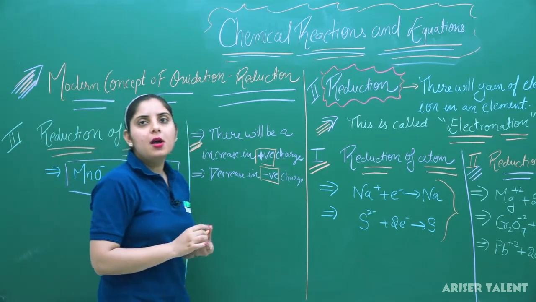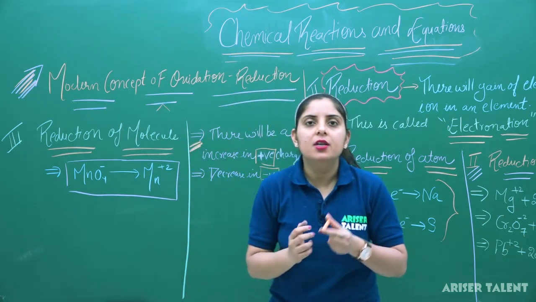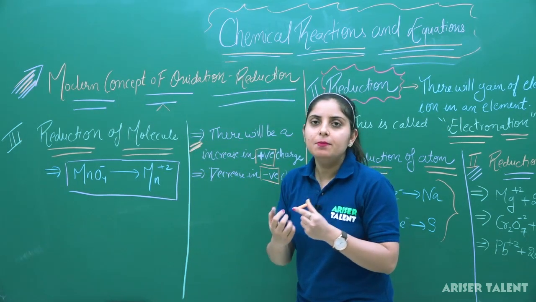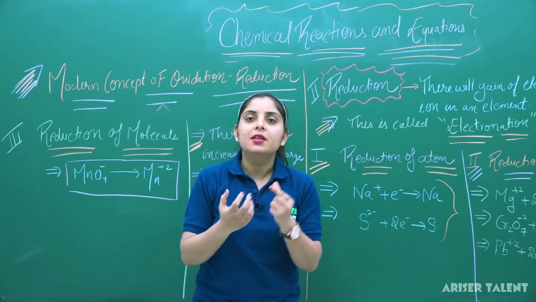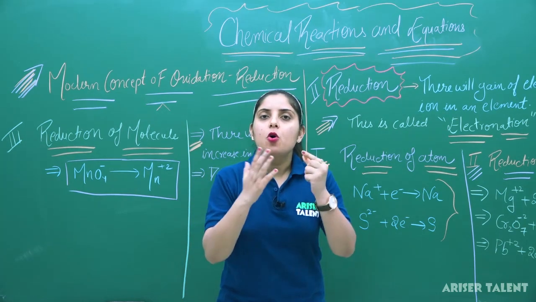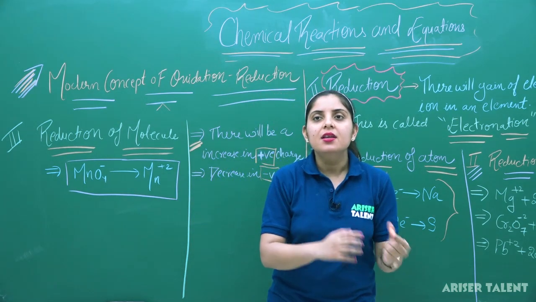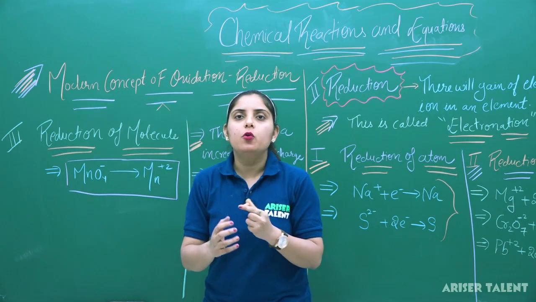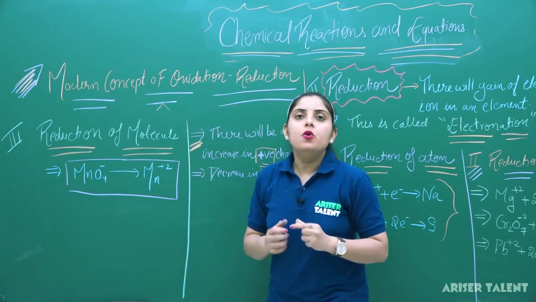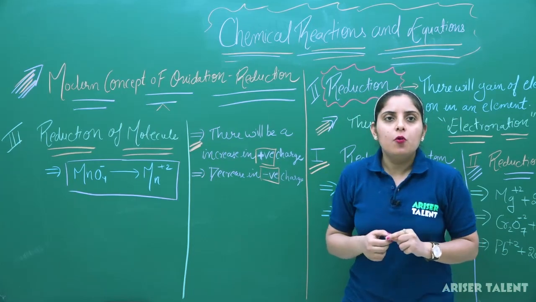So this is all about oxidation and reduction on the basis of the electronic concept: there is a loss of electron in case of oxidation and a gain of electron in case of reduction. So the electronic concept is done here.